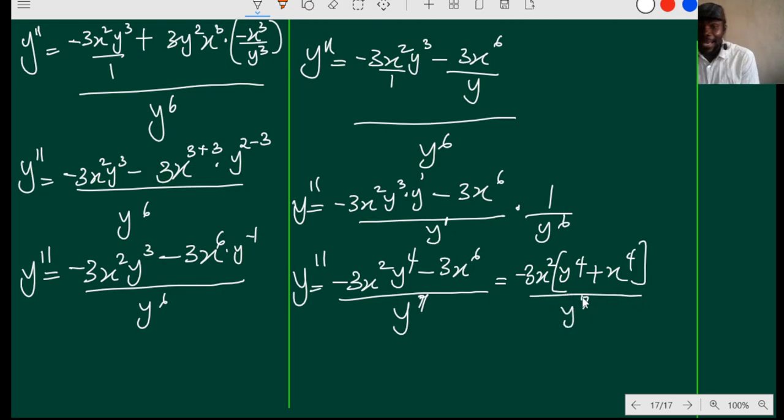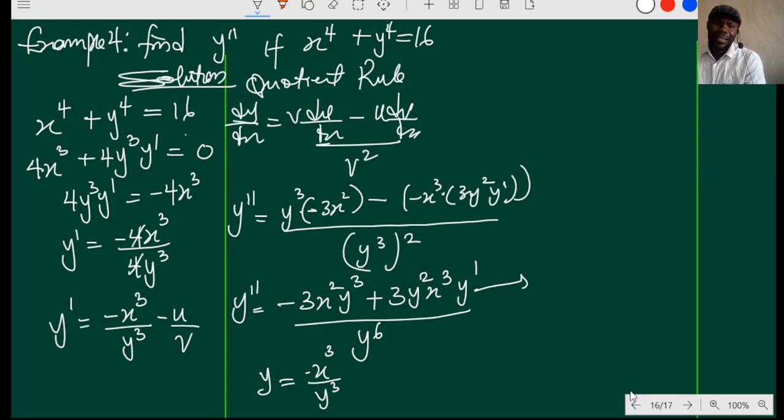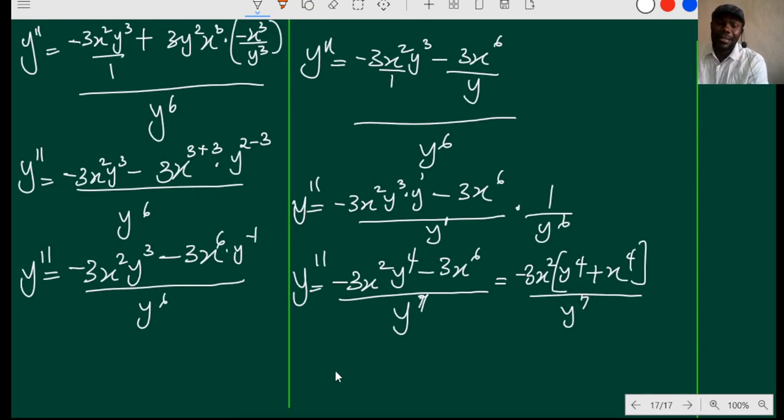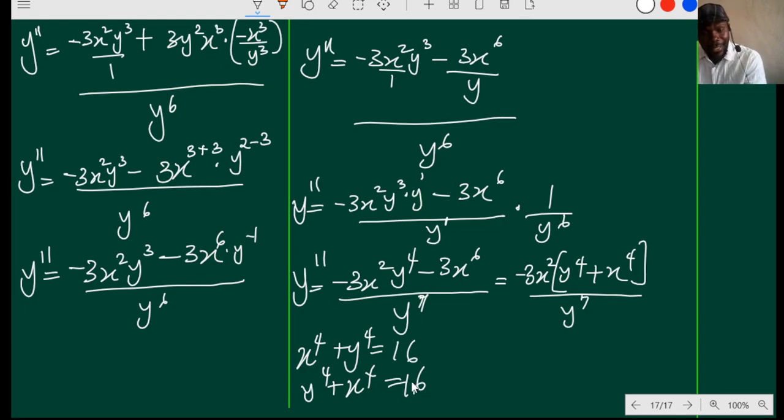By the time you multiply again, you get the same value. But recall our question from the beginning, that our question is x raised to power 4 plus y raised to power 4 is equal to 16. And can be written as y raised to power 4 plus x raised to power 4 is equal to also 16.